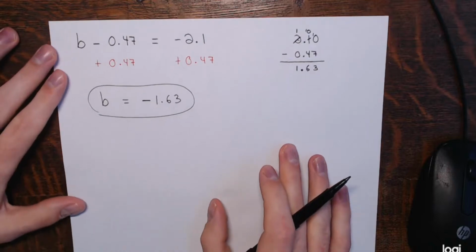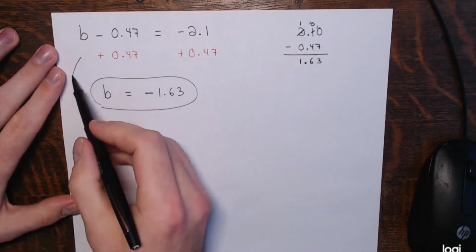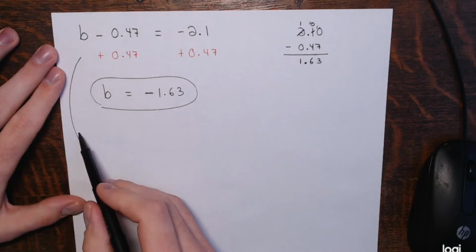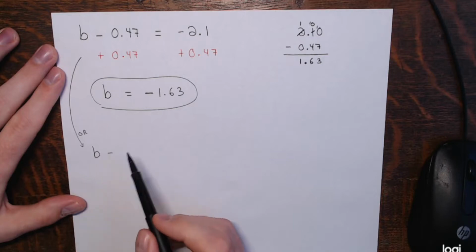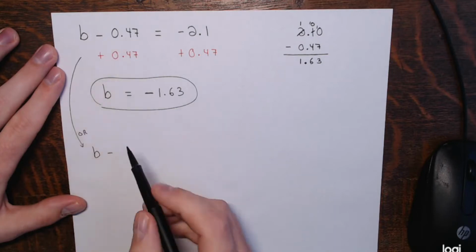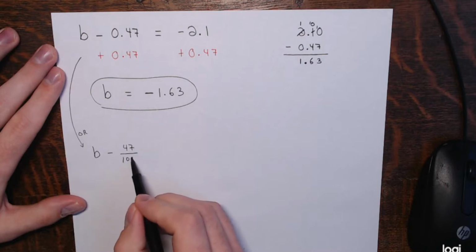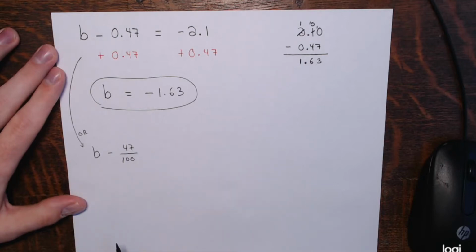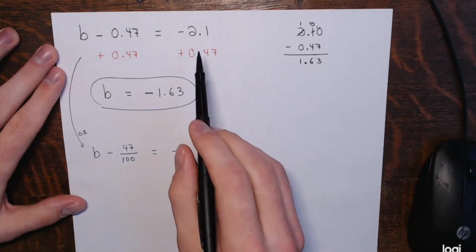you can change decimals to fractions very simply. I could write this as b minus, and then remember this is 47 hundredths. 47 divided by 100. That's 0.47. Equals, and then negative, and then 2.1 is 21 tenths, right?